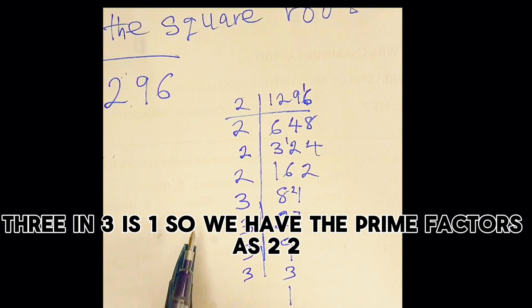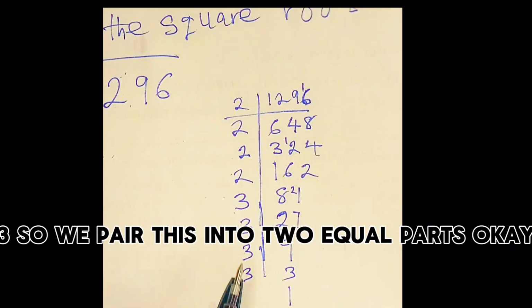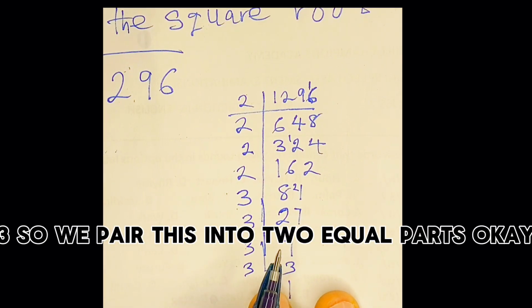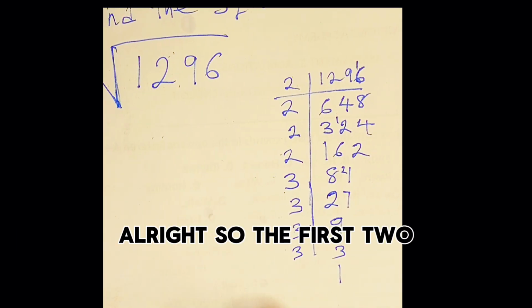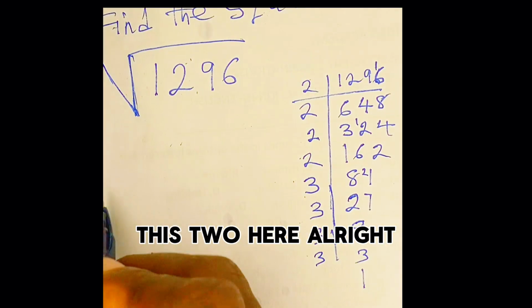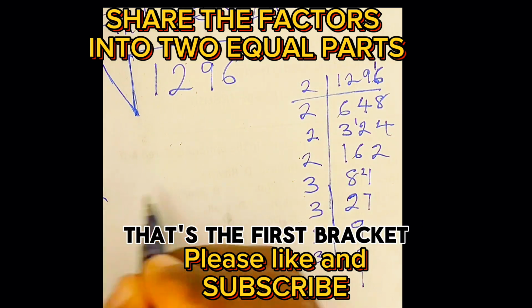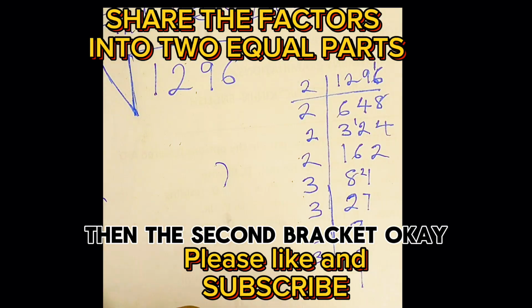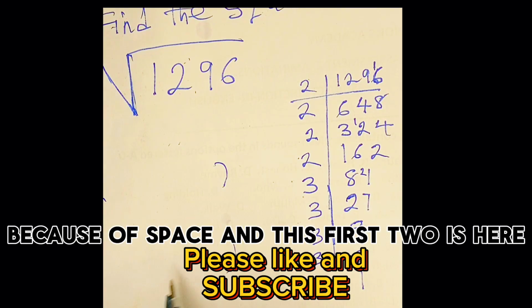So we have the prime factors as 2, 2, 2, 2, 3, 3, 3, 3. So we pair this into two equal parts, okay? All right, so the first 2 here, you write it, that's the first bracket, then the second bracket, okay, because of space.